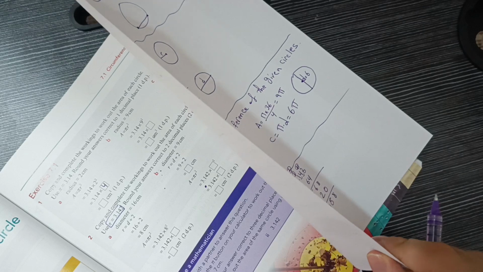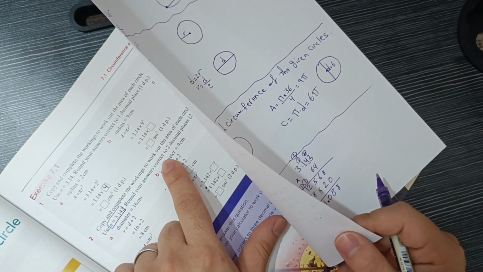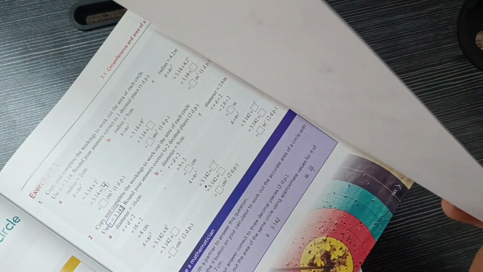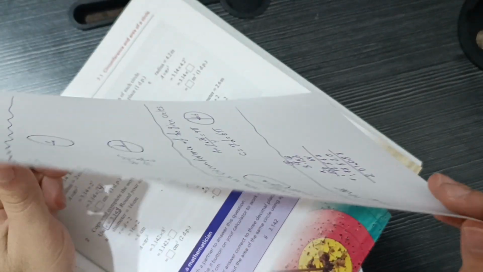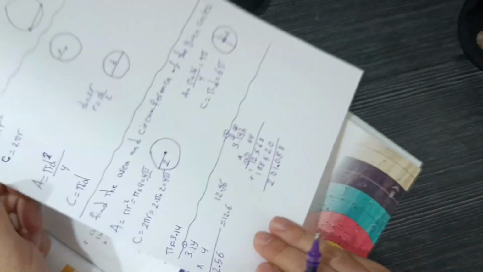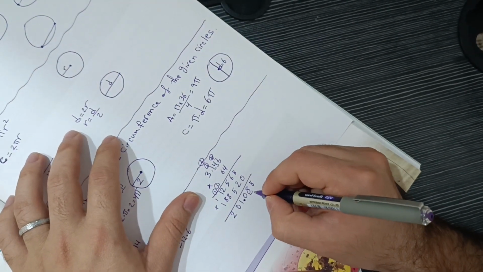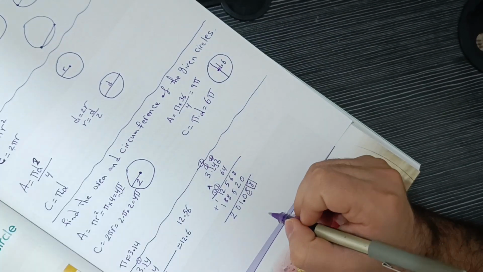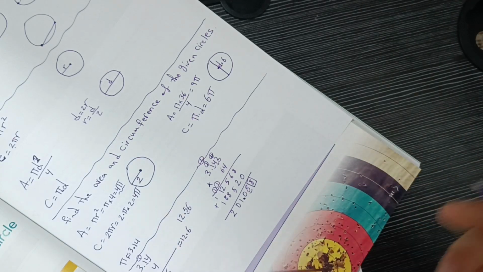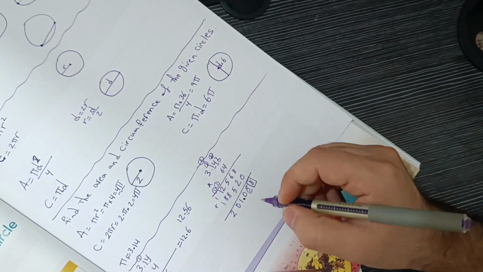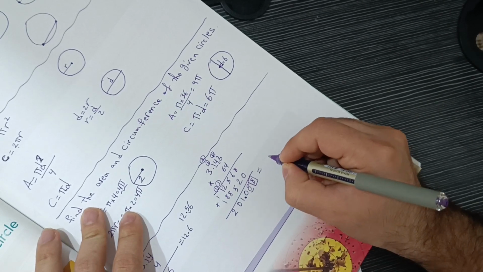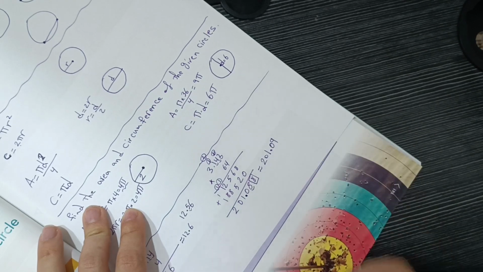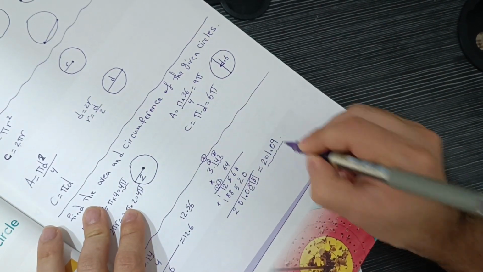Since the question said round your answers correct to 2 decimal places, so the second decimal place should be this one, 8. Take a look at the right side's digit, it is 8, and if it is more than 5, round it up. If not, round it down. So it's more than 5, so we are going to round it up, and it is going to be almost equal to 201.09. That is the result.